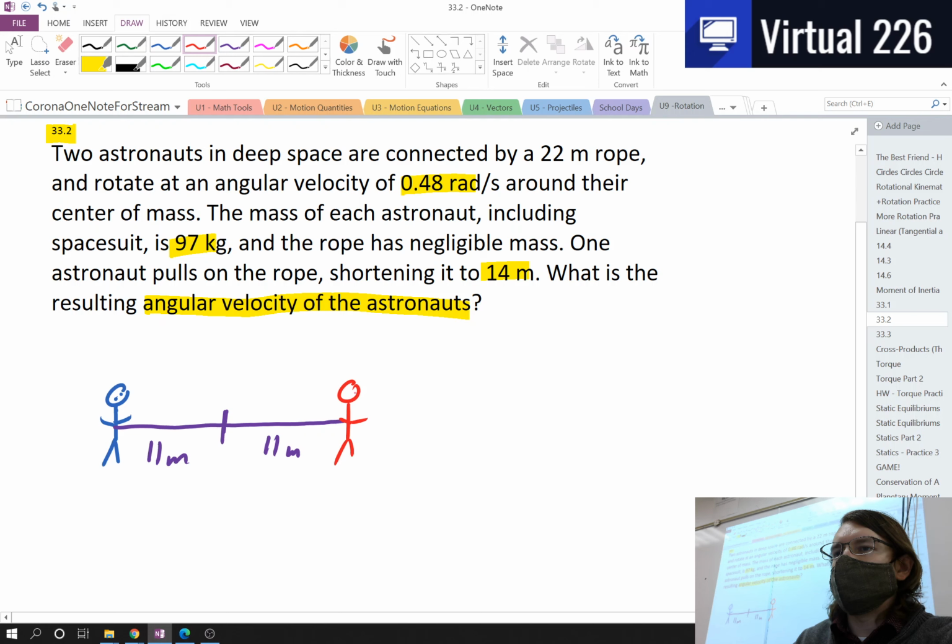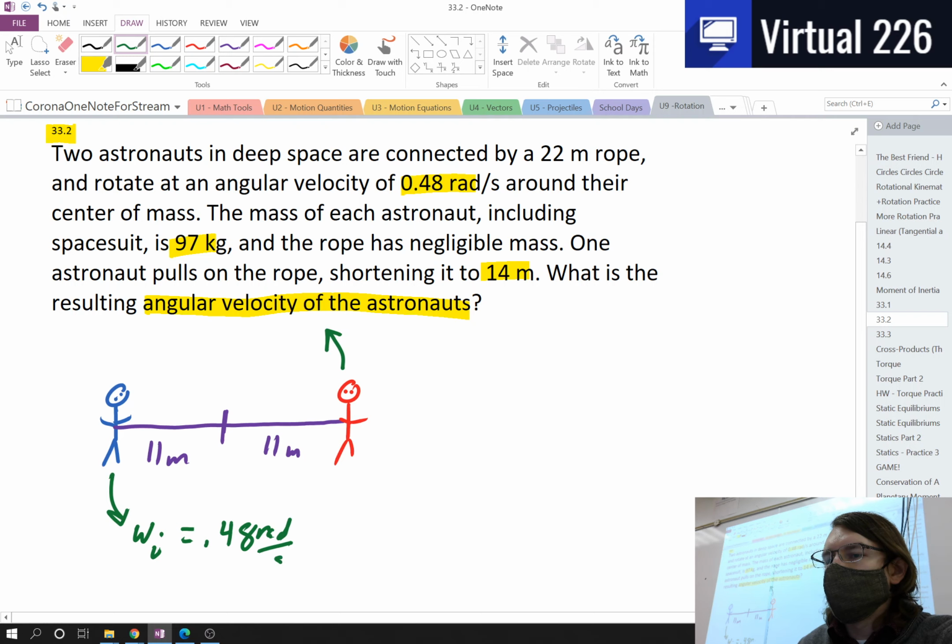My astronaut on the right doesn't have eyes. Now they do. Now these astronauts are rotating at an initial angular velocity of 0.48 radians per second.